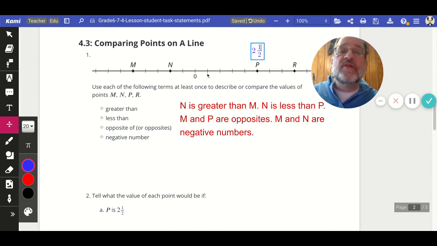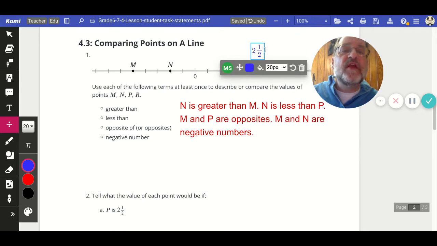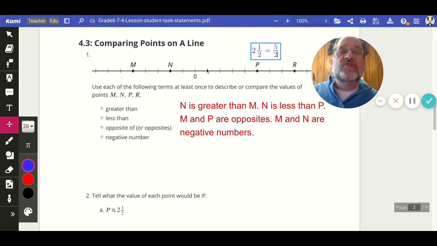If I'm counting here, 1, 2, 3, 4, 5 steps, 5 times what is 2.5? It may be helpful to think about the fact that as an improper fraction, this is 5 halves. So that means I'm counting by 1/2.